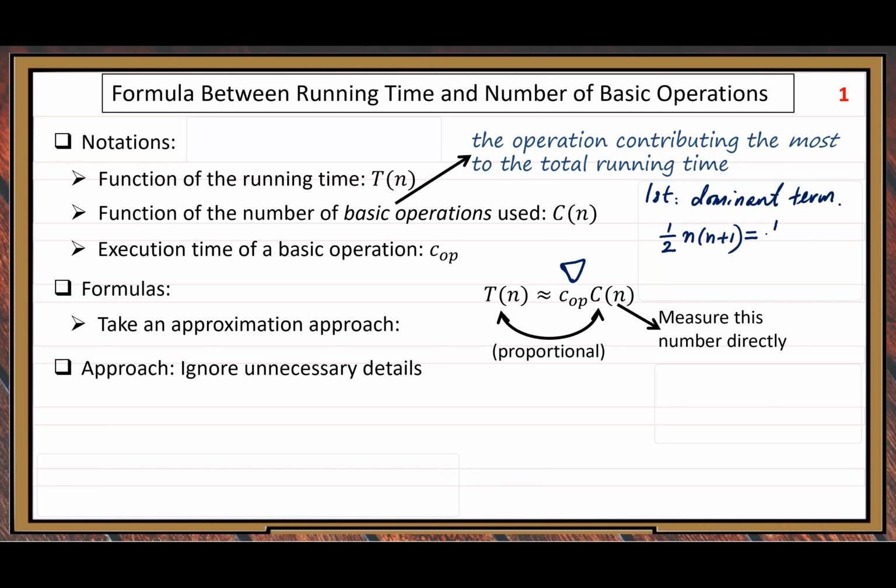If we write it out in 2 terms, you can see one term is dominant. The first one is dominant.